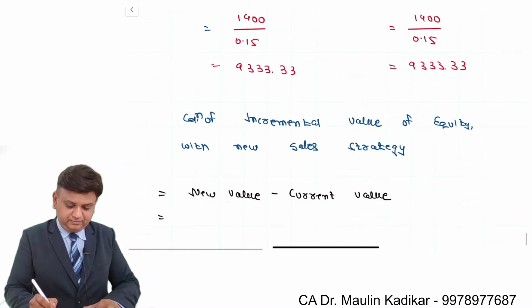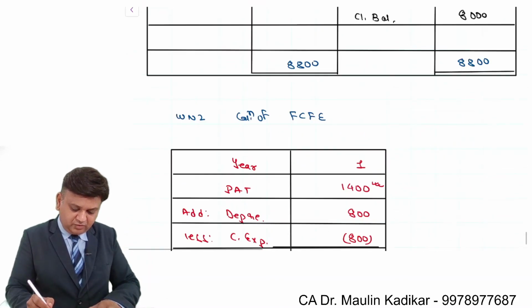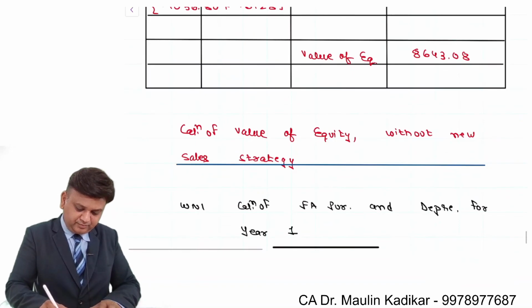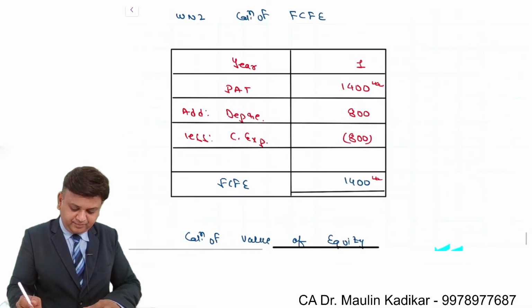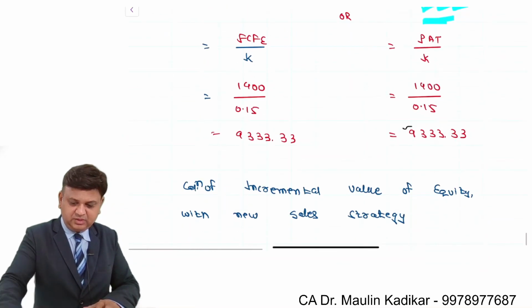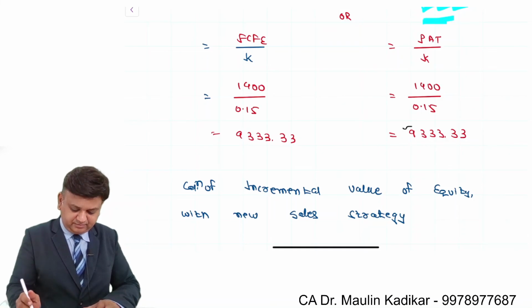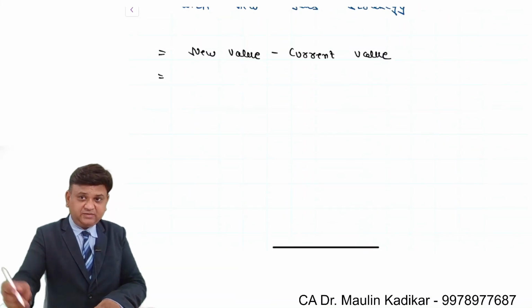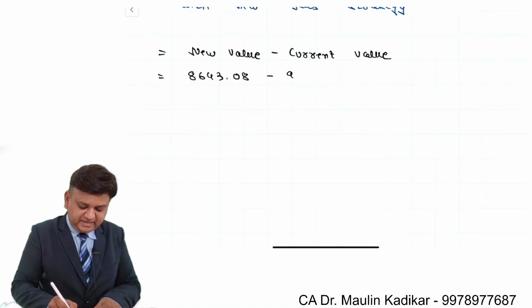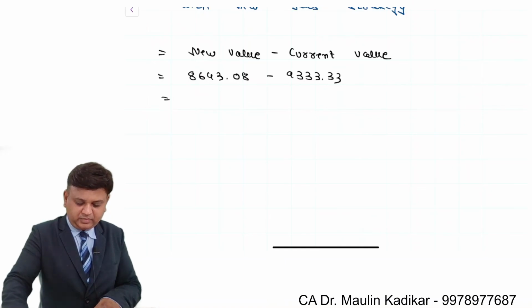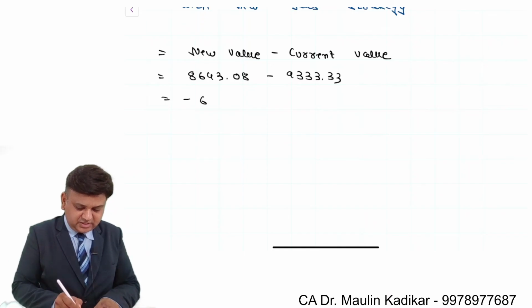What is the new value? New value is 8643.08 and the current value is this much, 9333.33. So the answer will be found like this: 8643.08 minus 9333.33. So the final answer is going to be negative 690.24.